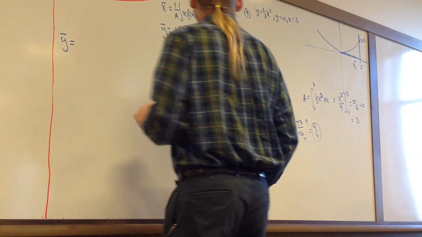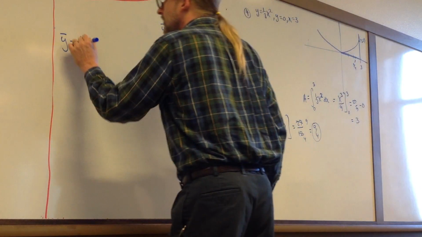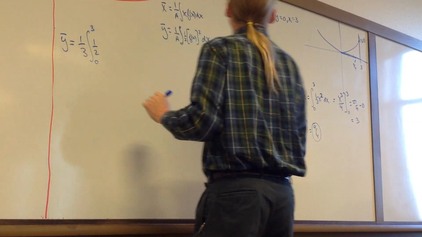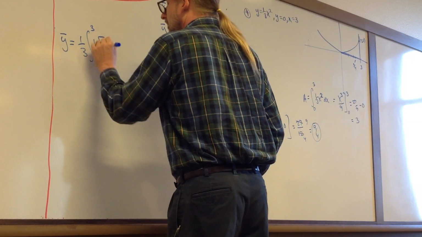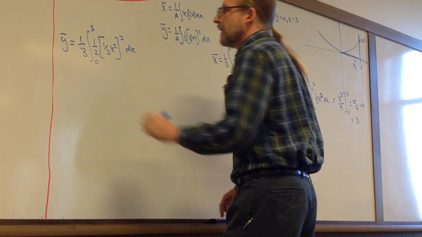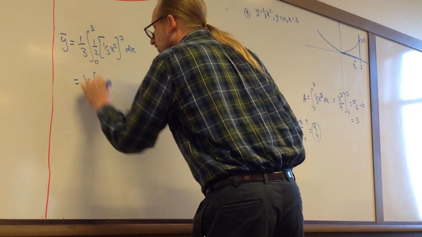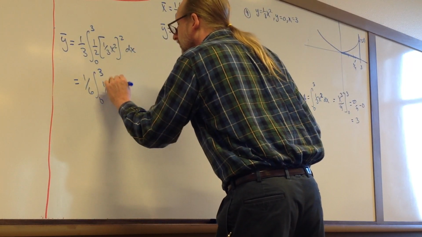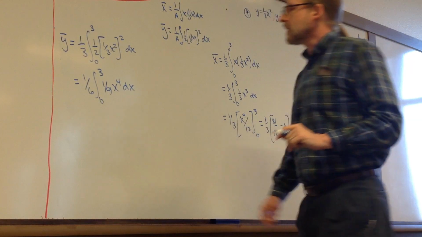Y bar is going to be 1 over A, and then integral 0 to 3, 1/2 f of x squared. Okay, so that's 1 over 6, integral from 0 to 3. This will be 1/9 x to the 4th dx.